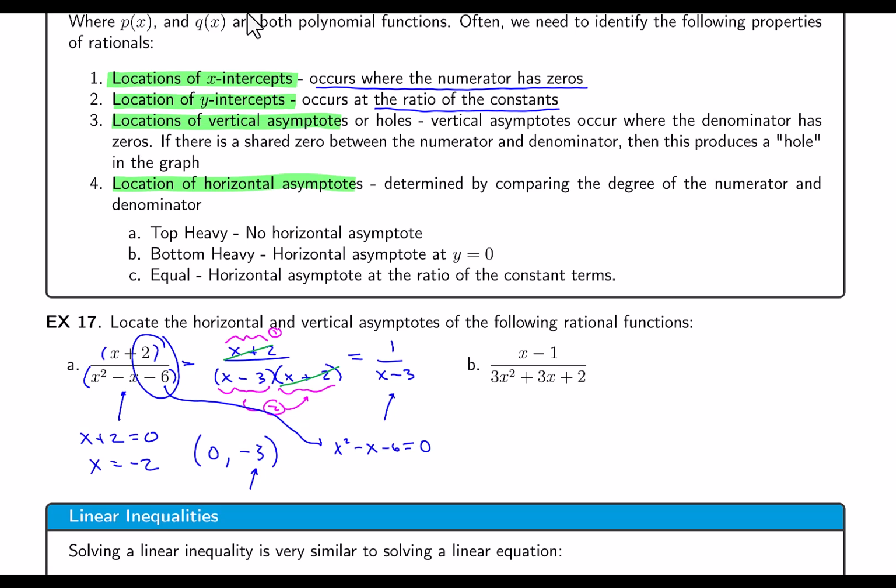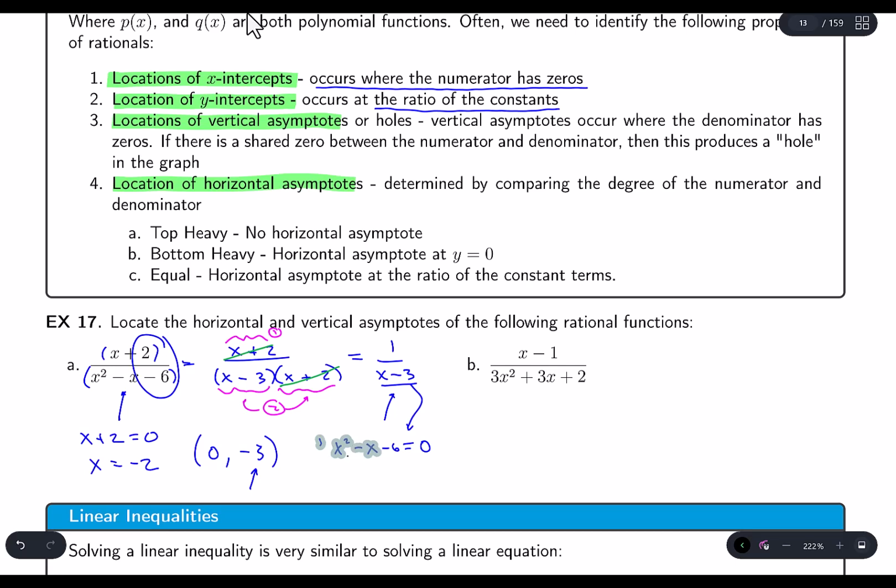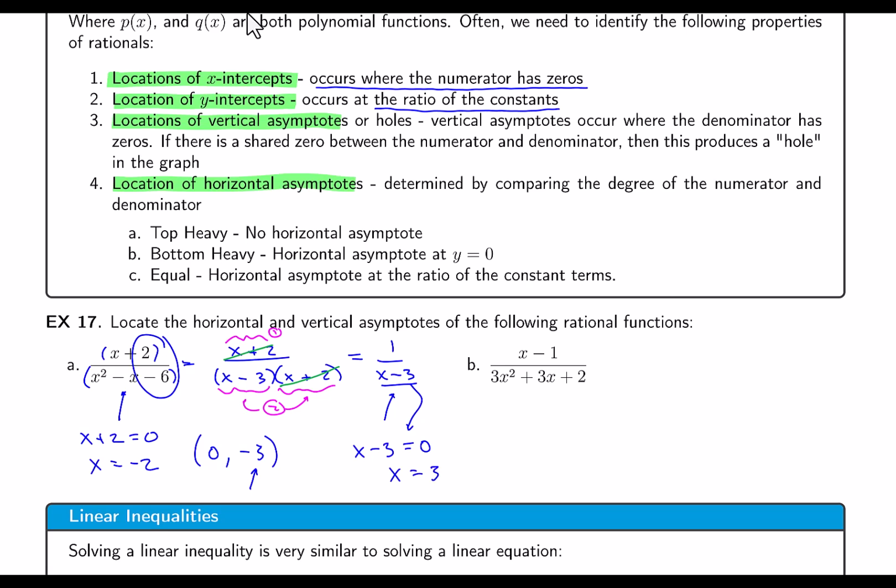So it's actually just this one over here, where x minus 3 equals 0. So you have a vertical asymptote in this function at positive 3. Negative 2, so when I set x plus 2 equal to 0, negative 2 is a special thing. This is a hole in the graph.